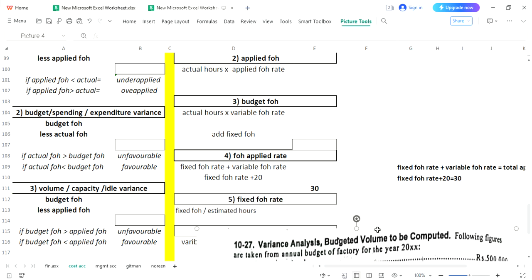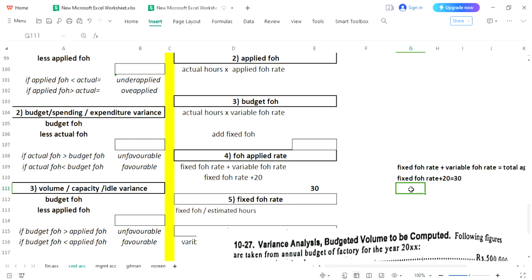Just consider yourself a 2nd or 3rd class student, then you will easily know what we are doing. So here 20 is being added in fixed FH. If something is present on the left side and it is being added, and you want to take it to the right side, after taking it to the other side, it would be subtracted. Signs would be changed.